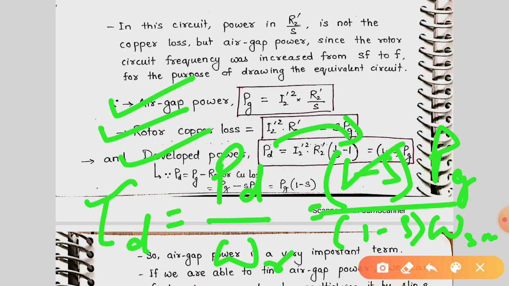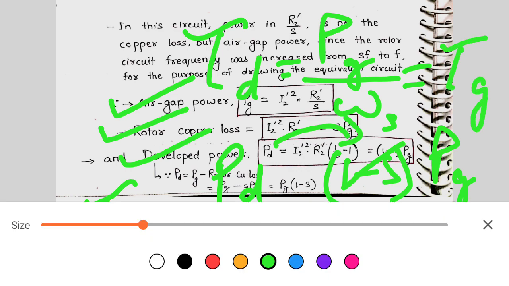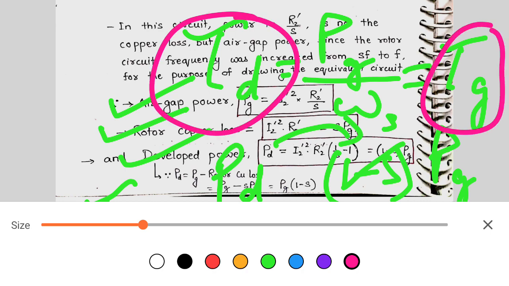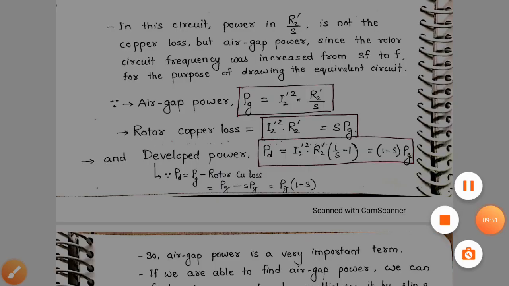So this (1 minus S) gets cancelled, and developed torque will also be equal to air gap power upon omega Sm, which is same as your air gap torque. So air gap torque and developed torque both are same here.